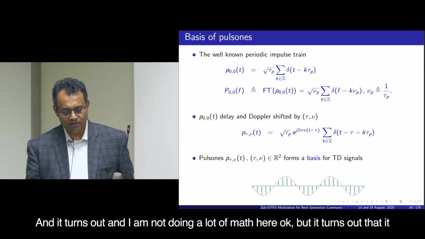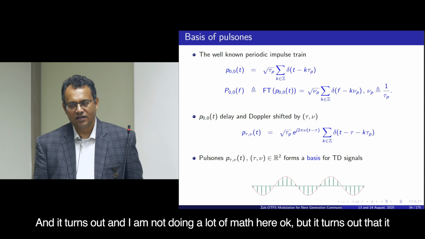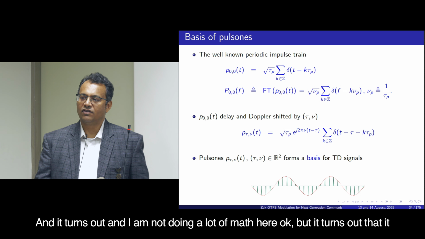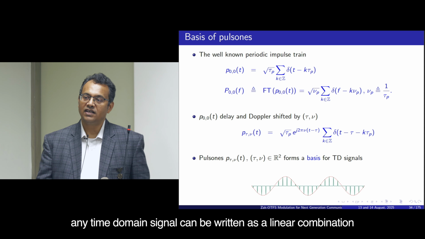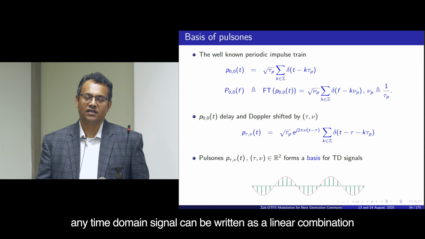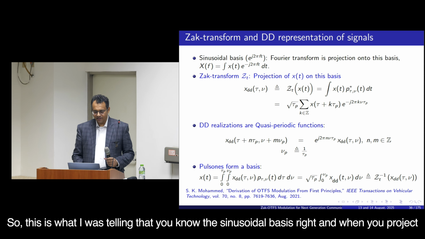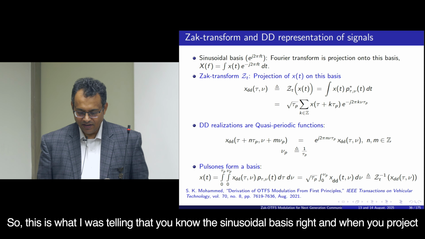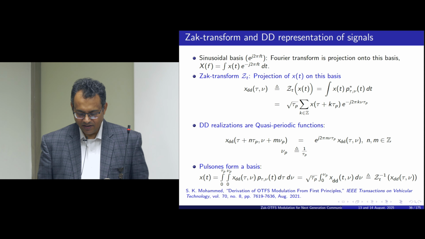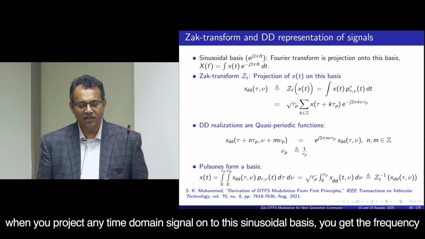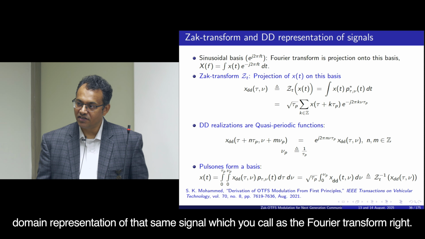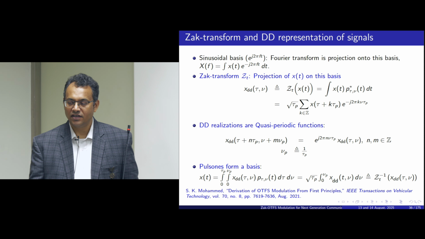And it turns out, and I am not doing a lot of math here, okay, but it turns out that it forms a basis. What I mean is that any time domain signal can be written as a linear combination of these pulsons. This is what I was telling, that you know the sinusoidal basis, right, and when you project any time domain signal onto this sinusoidal basis, you get the frequency domain representation of that same signal, which you call the Fourier transform, right.